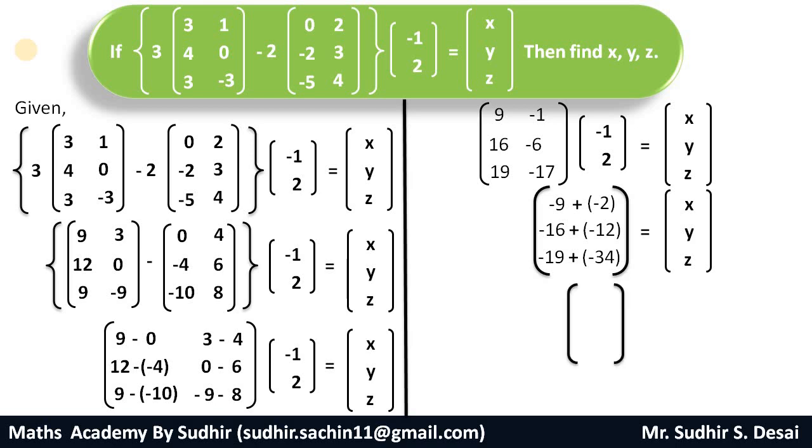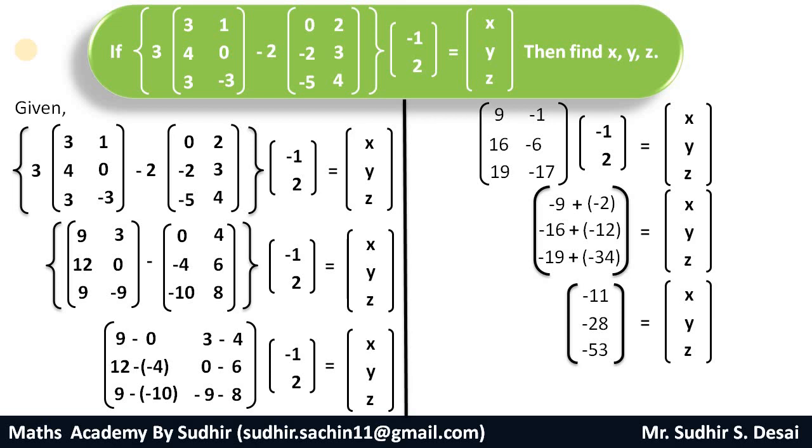Now calculate: minus 9 plus minus 2 is minus 11. Minus 16 plus minus 12 is minus 28. Minus 19 plus minus, so minus 19 minus 34 is minus 53, and it is equal to X, Y, Z. So here we have solved this equation and we have arrived at this point.